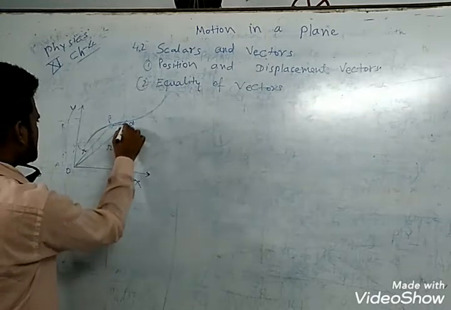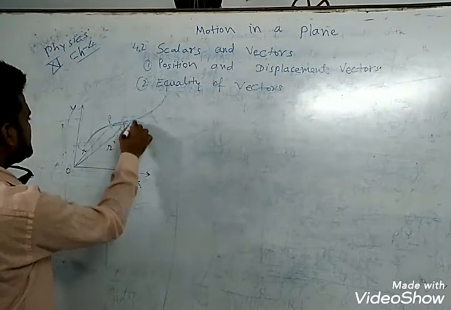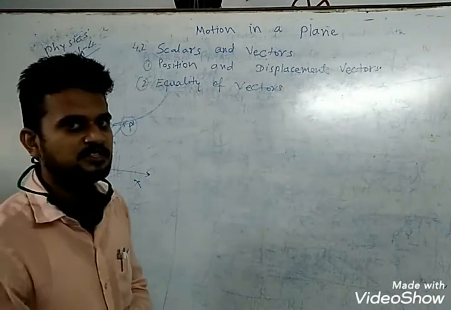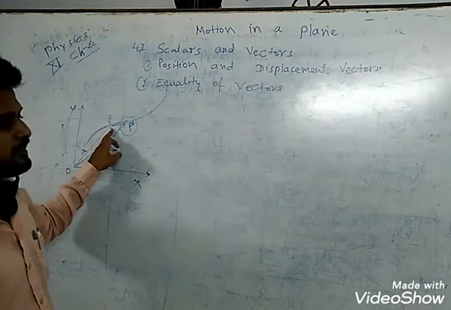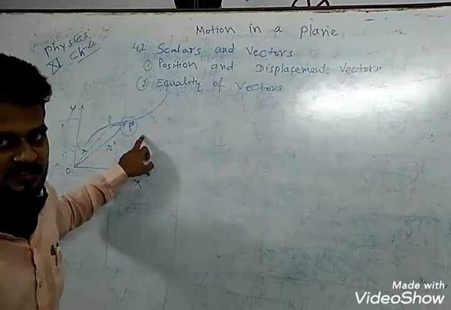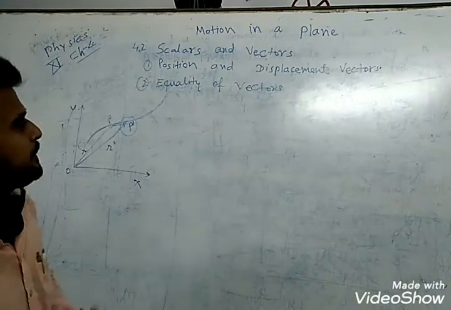In this situation, the position vector is R dash. So the object moves from P to P dash.